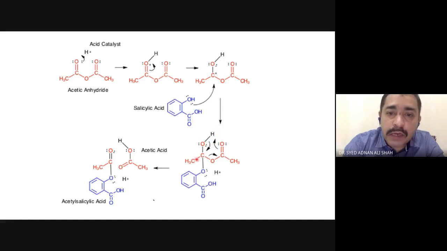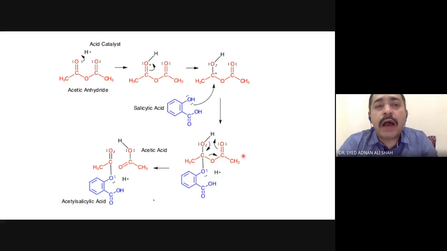It will form the double bond and be released as acetic acid. So the acetylation of salicylic acid will occur. This is called esterification, the formation of an ester.